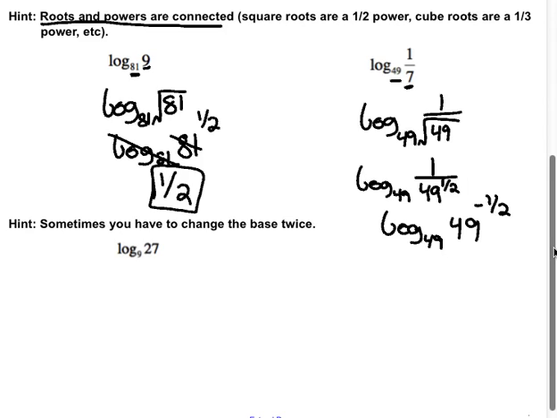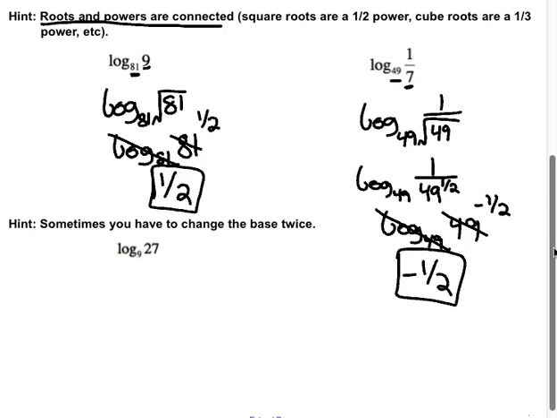Making that a negative exponent, now these match perfectly, and we will get -1/2. Again, you can easily check that in the calculator. 49 to the -1/2 power does give you 1/7. So it matches perfectly.